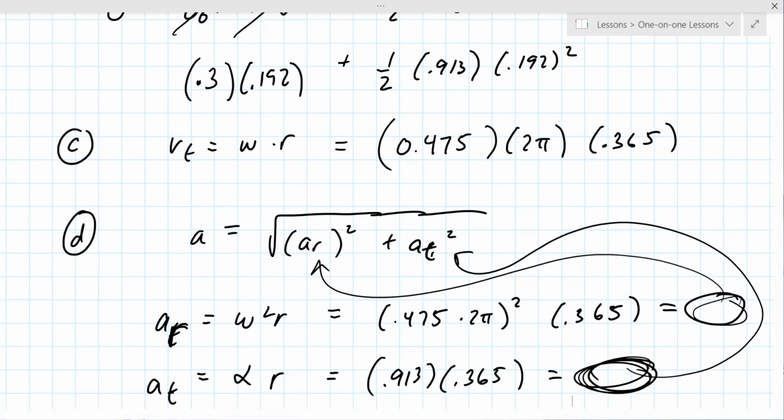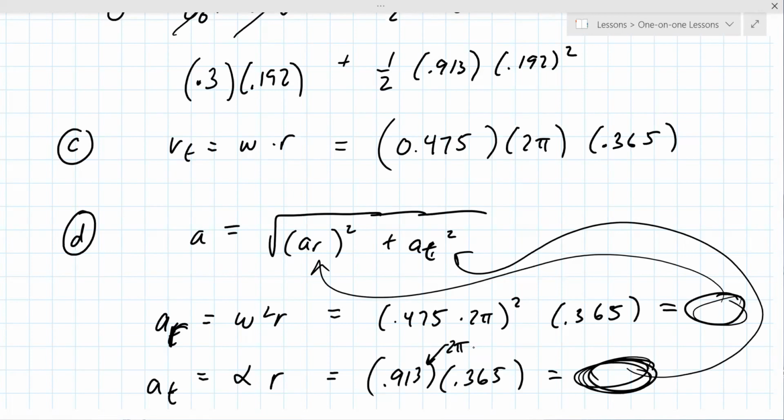That doesn't seem big enough. Let me check that again. 0.913 times 0.365. Same number. Oh, you have to multiply this number by 2 pi. Okay, yeah, because it's not big enough. 0.913 times 2 pi times 0.365, and I get 2.09 for the second one.